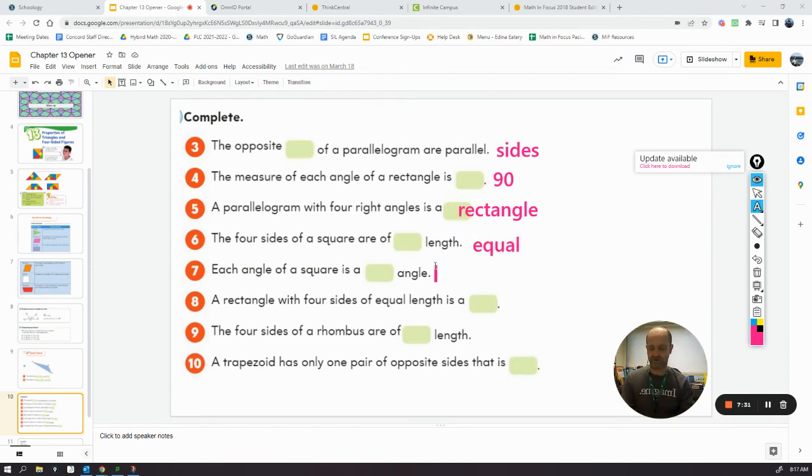Each angle of a square is a right angle. A rectangle with 4 sides of equal length is a square. The 4 sides of a rhombus are of equal length, and the trapezoid has only one pair of opposite sides that is parallel. Right? Oops, I got really excited about parallel, didn't I?